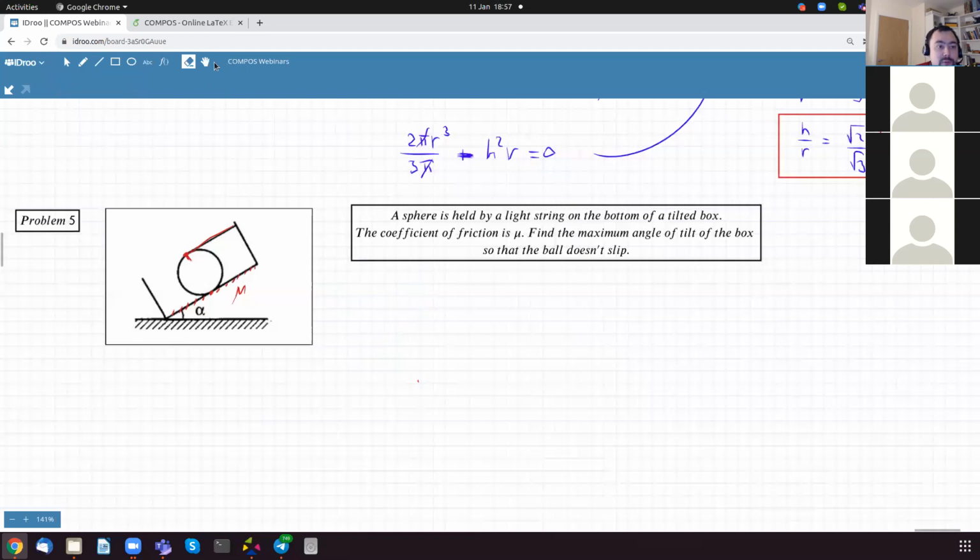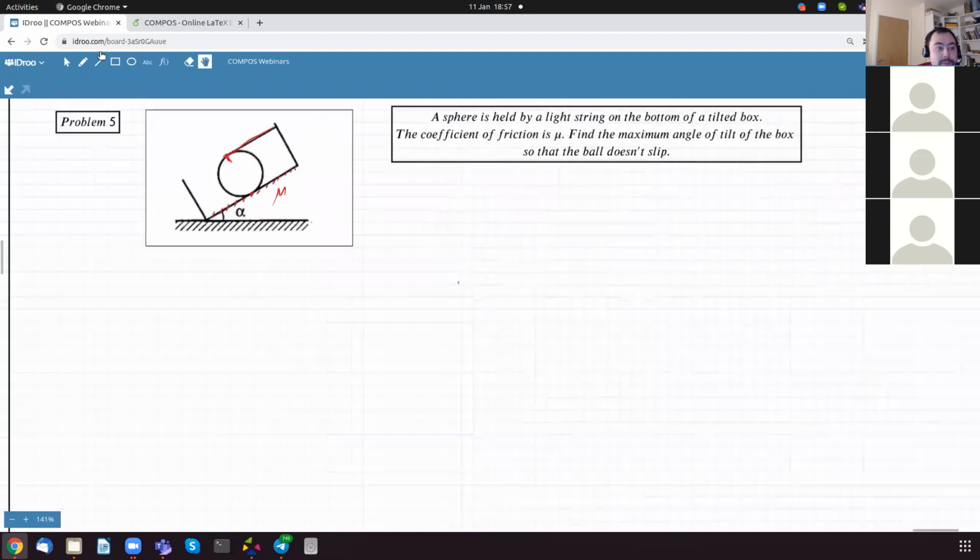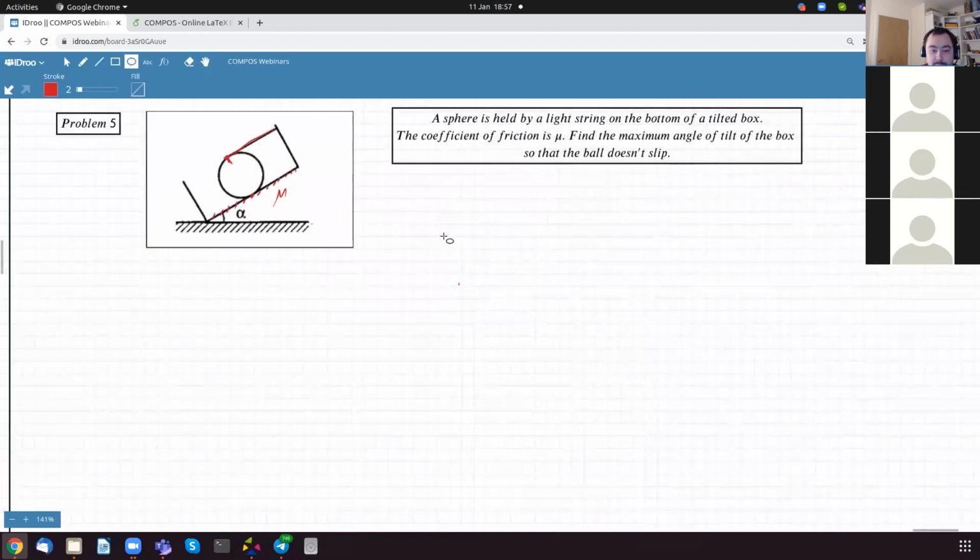So as usual, we draw the forces. So we draw the ball and we draw the forces. So we have the tension force here, tension force. Then we have the friction force.